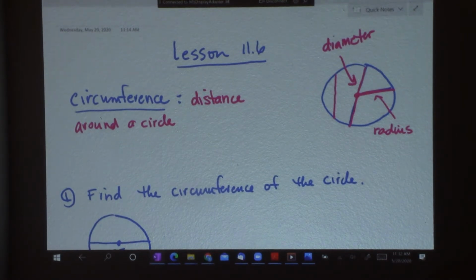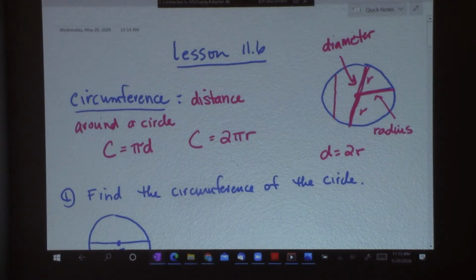All right, so the circumference is the distance around a circle, and we can write it two ways, either pi times the diameter or 2 pi times the radius, because the diameter is equal to 2 of the radius. So you see here I have a radius and I have a radius here. To go all the way across the circle, I would have 2 of them.